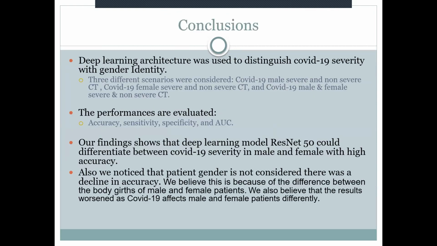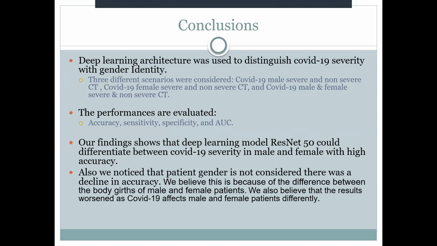So clearly, what our deductions from this experiment that we carried out, firstly, we're able to see that a deep learning architecture like ResNet-50 was able to differentiate between COVID-19 male severe cases and non-severe cases, and both in female severe cases and non-severe cases, and also was able to distinguish between severe and non-severe when the gender was not included.